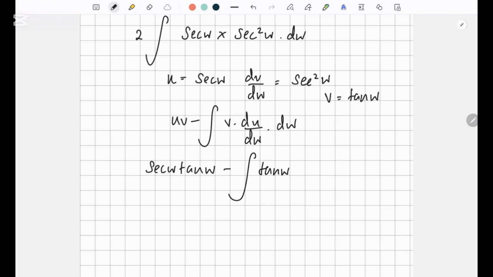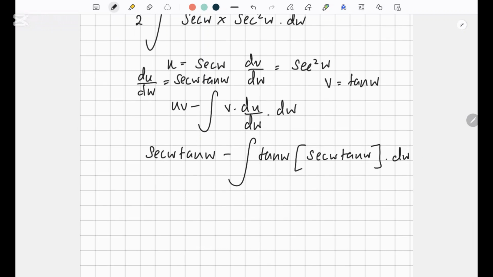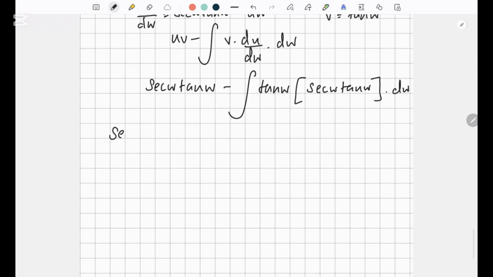So u into v is sec w into tan w minus the integration of tan w into du over dw. So we need to differentiate u equals sec w. So du over dw equals the differentiation of sec w, which is sec w into tan w. Okay, so it's going to be tan w into sec w tan w dot dw. Right? So we got sec w tan w minus the integration of sec w into tan squared w, right?